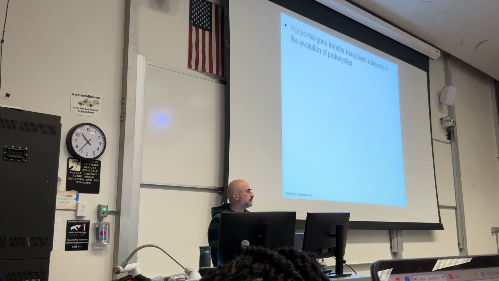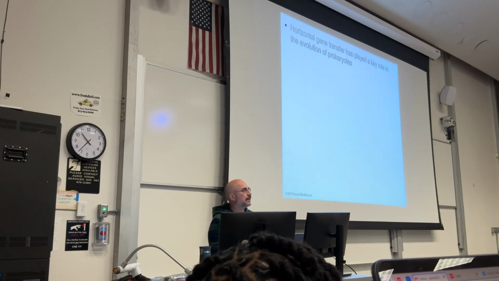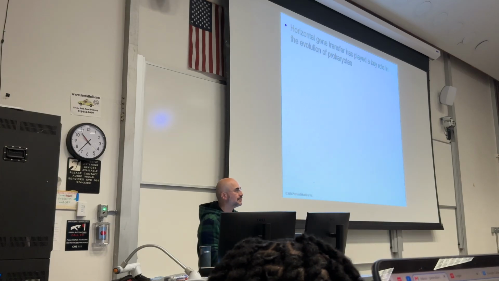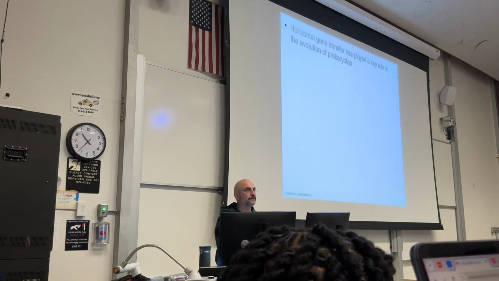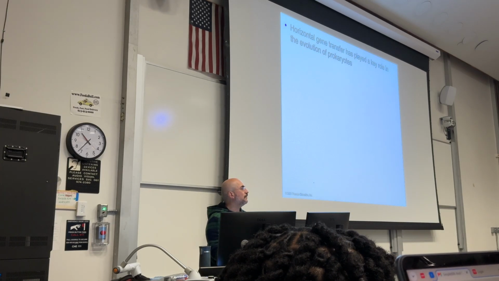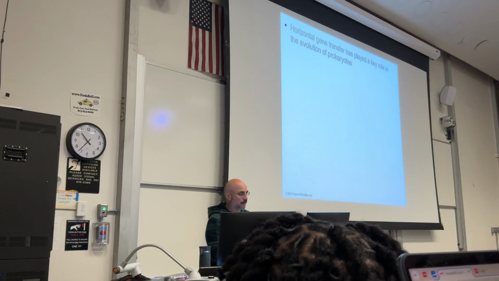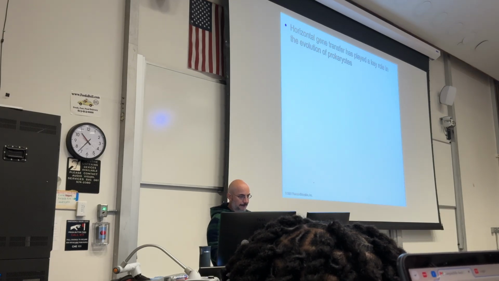Now, this I have mentioned already, but it's very important that you keep it in your mind. Horizontal gene transfer in its different versions has been very important for the evolution of prokaryotes and even eukaryotes, as we will learn later on. Okay?